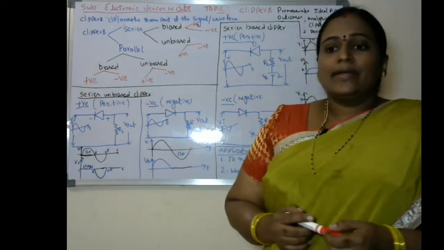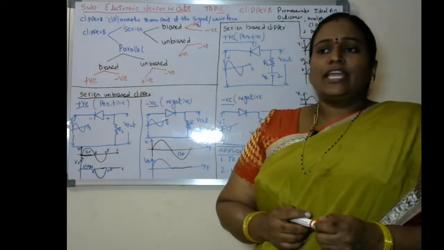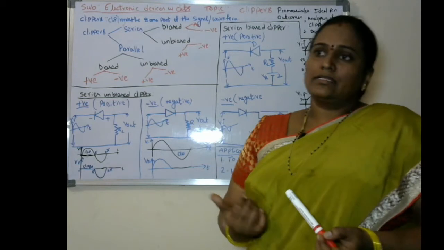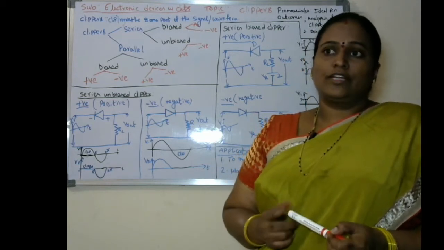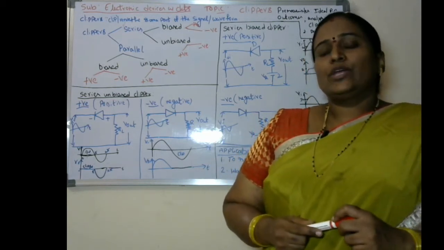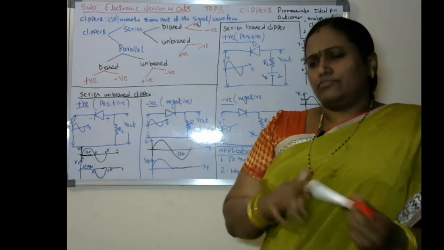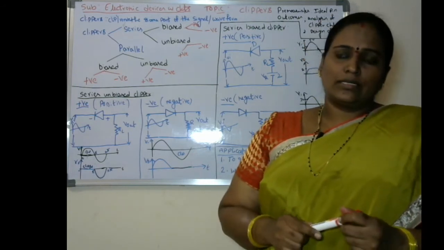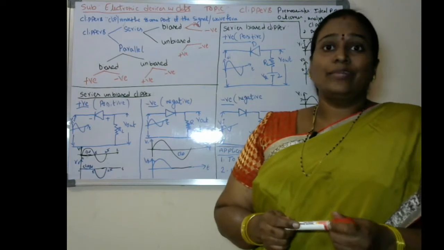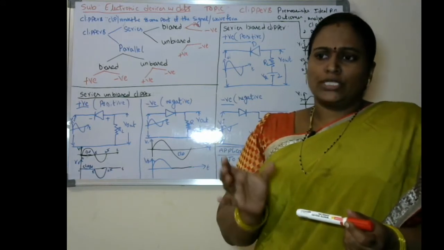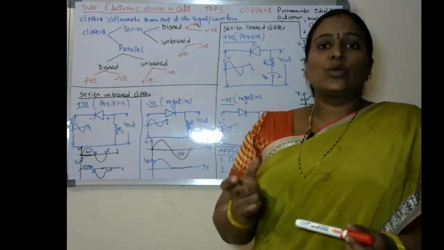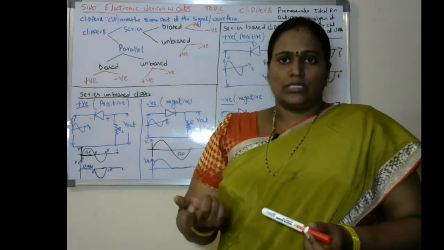So what is meant by clippers, and why do we have to analyze or design clipper circuits? Mainly we require cutting of the voltage. I have an input of 5 volts, but for some portion I require only 3 volts.